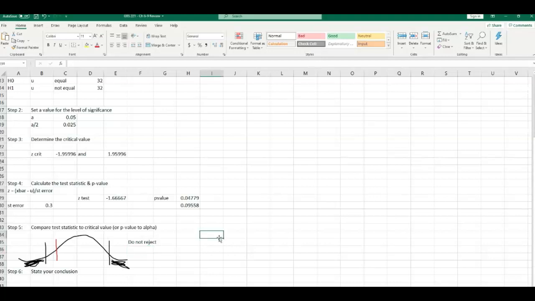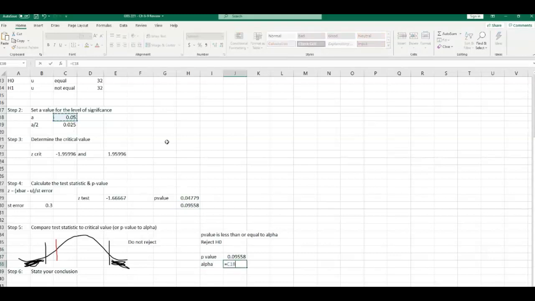Now, the other approach here, the p-value approach, when we compare the p-value to alpha, we have this rule that we can follow, where if our p-value is less than or equal to alpha, then we would reject our null hypothesis. Well, in this case, our p-value is this 0.095, and our alpha is 0.05.